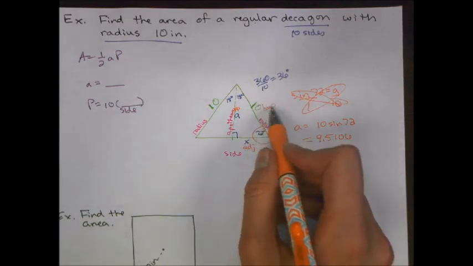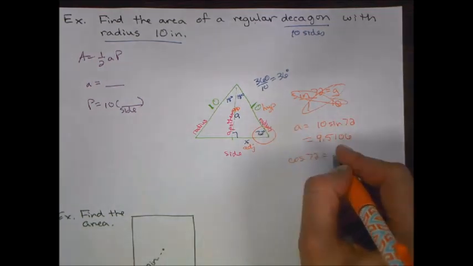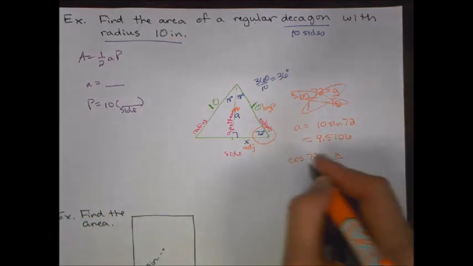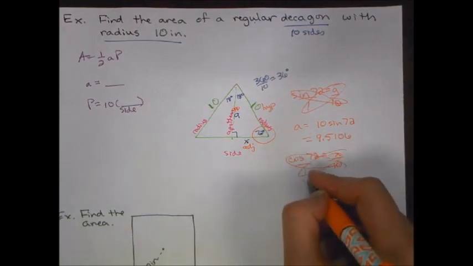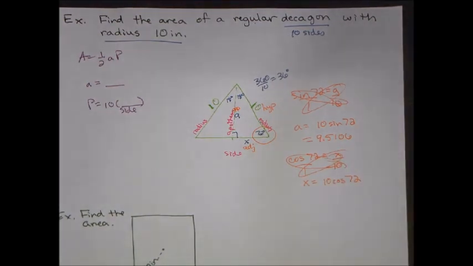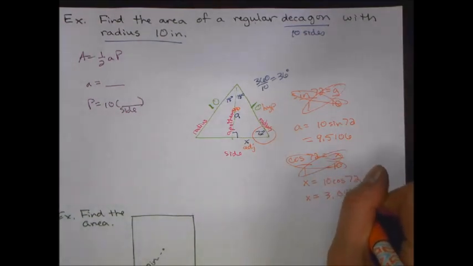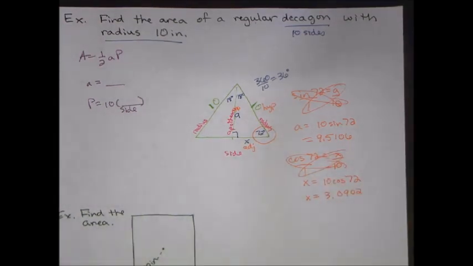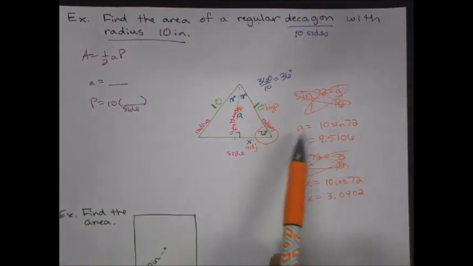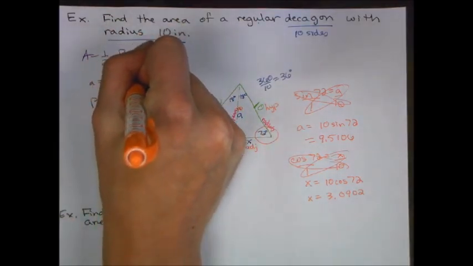We can use the adjacent and hypotenuse, that's cosine. Put it over 1, cross multiply, x equals 10 cosine 72. So x equals 3.0902. Again, 4 decimals. Now, A is here, 9.5106.